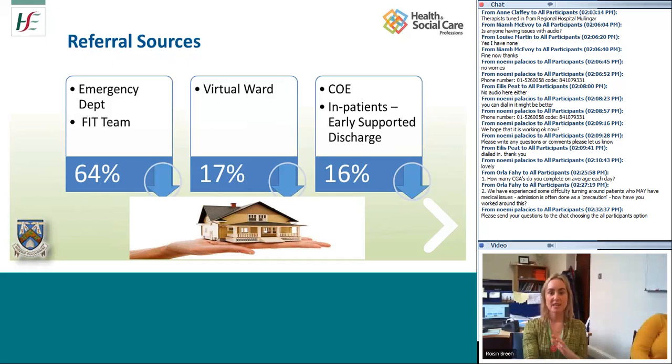And then expanding that, it was the community virtual ward patients. So 17% of our patients were community virtual ward. And that might be a term that everybody's familiar with, but that was spearheaded by Claire Lewis, who's an advanced nurse practitioner in the CH09 area.